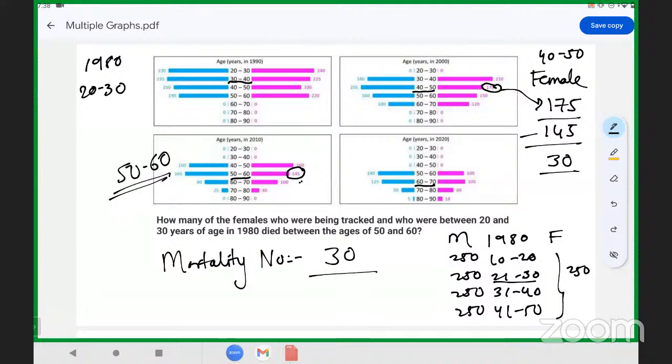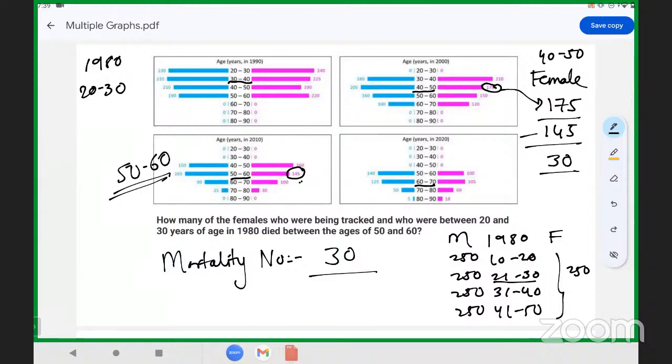By the end of 40 to 50, how many were alive? 175. And by the end of 50 to 60, how many were alive? 145, which means 30 people died during the age group of 50 to 60.